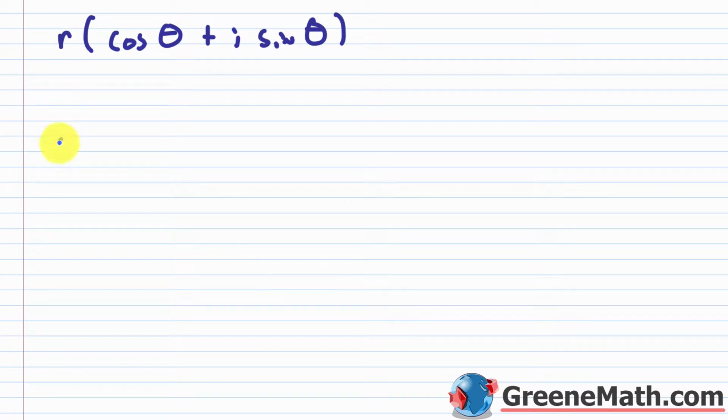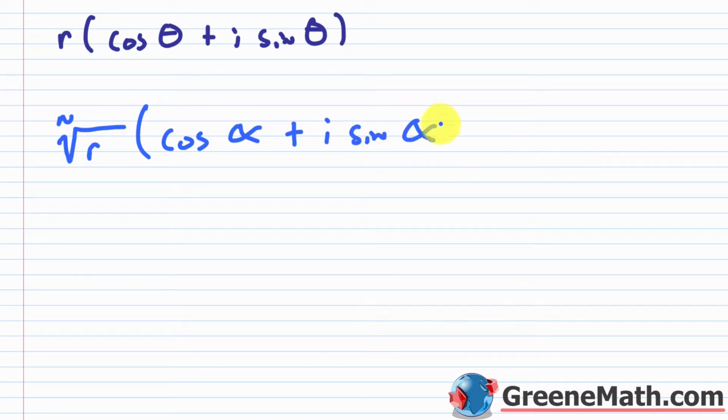So we're going to say that we have the nth root of this r. You saw earlier we were looking for cube roots, so n was 3, of, in our case, 3, so it was the cube root of 3, okay? And basically, we're going to multiply this by the quantity cosine of alpha plus i times the sine of alpha, okay?